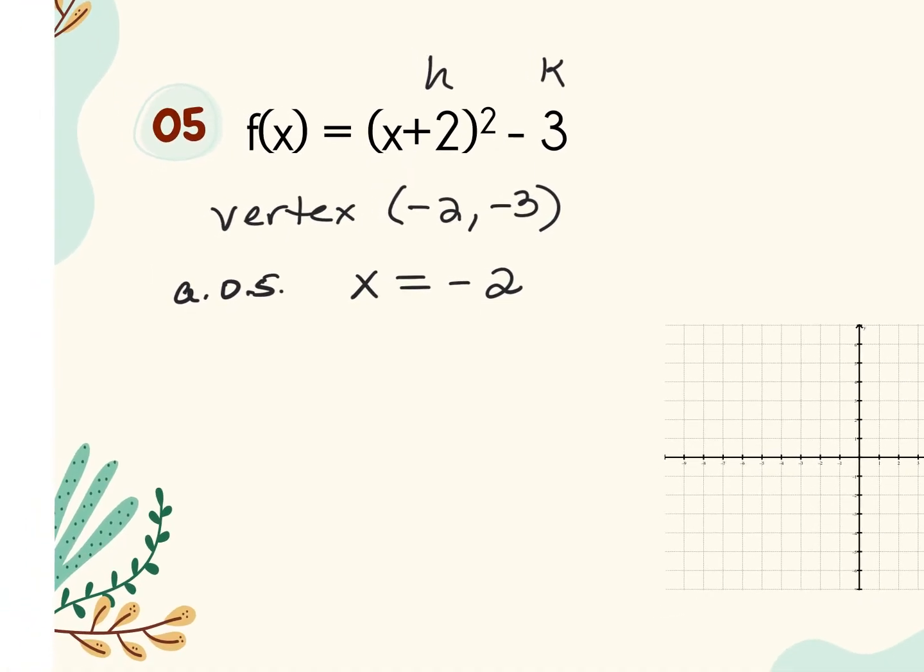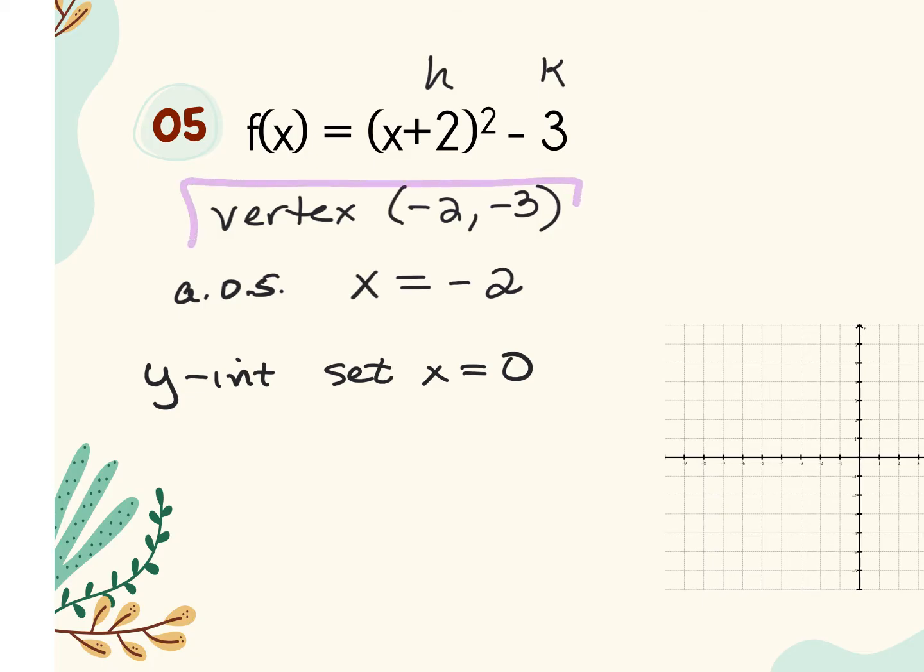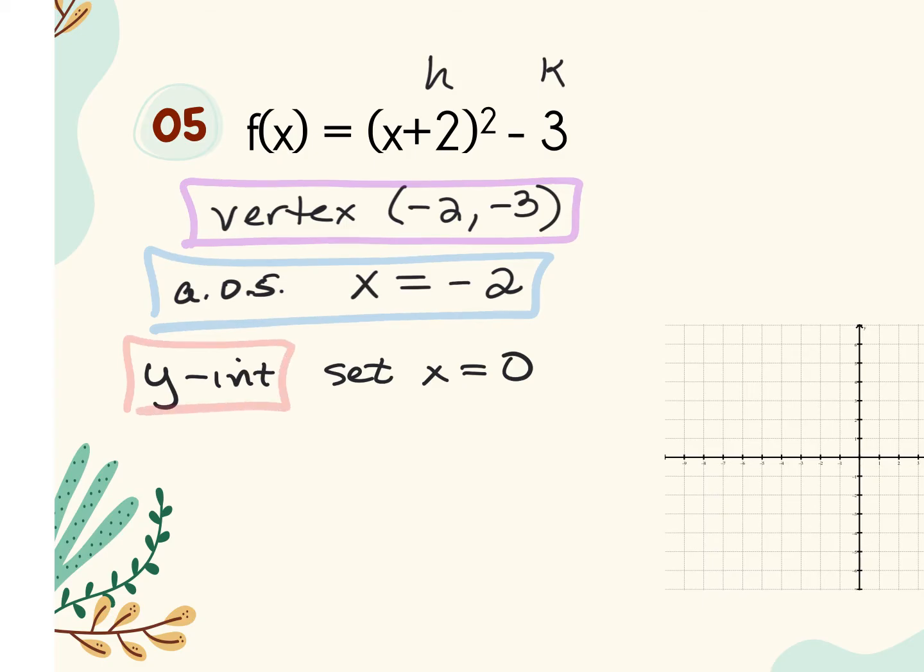So in order to find the y-intercept, I need to set x equal to 0. So this is all going to be things you're going to be asked to find on the quiz next week. I'm going to ask you to find a vertex, the axis of symmetry, your y-intercept, and the x-intercepts, and then I'm going to ask you to graph it.